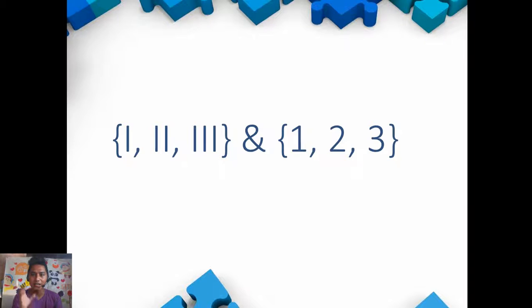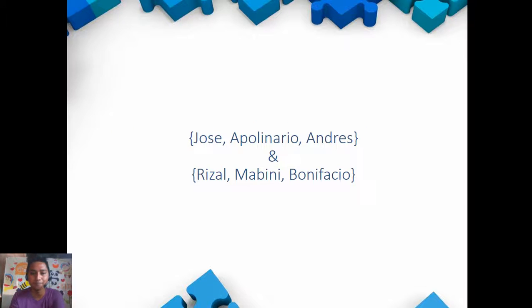Take note of that one. If we are talking about equivalent set, it has only one condition. Jose, Apolinario, Andres and then Rizal, Mabini, Bonifacio. Are they equivalent? Yes, it is still equivalent set because we have 3 on the first set and then we have also 3 elements on the second set.